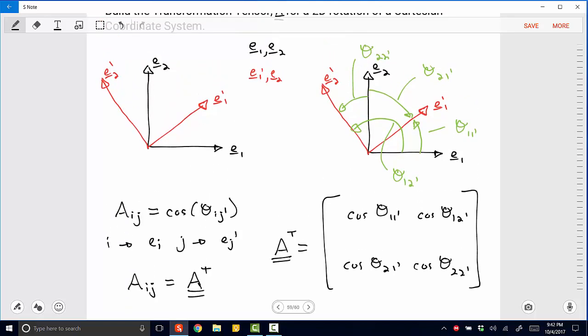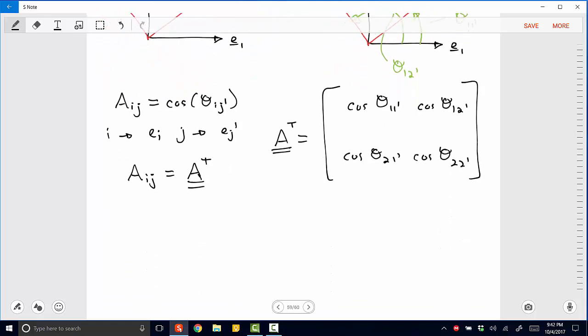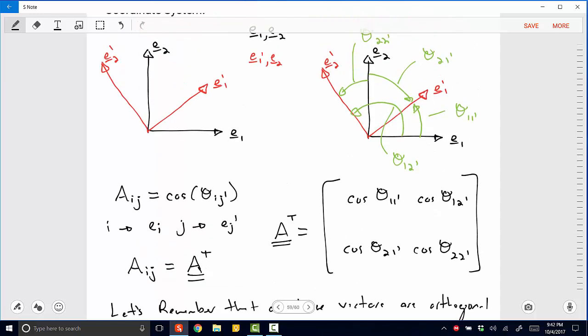Now, let's remember that our base vectors are orthogonal or orthonormal, meaning that there exists 90 degrees between the base vectors.